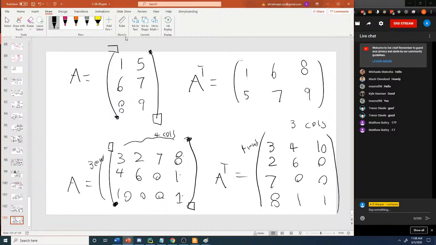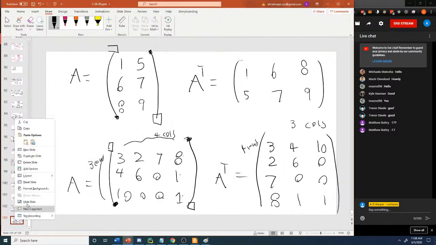So that's how transposes work. They're very, very easy to compute. And what we're going to do is look at some applications of them.